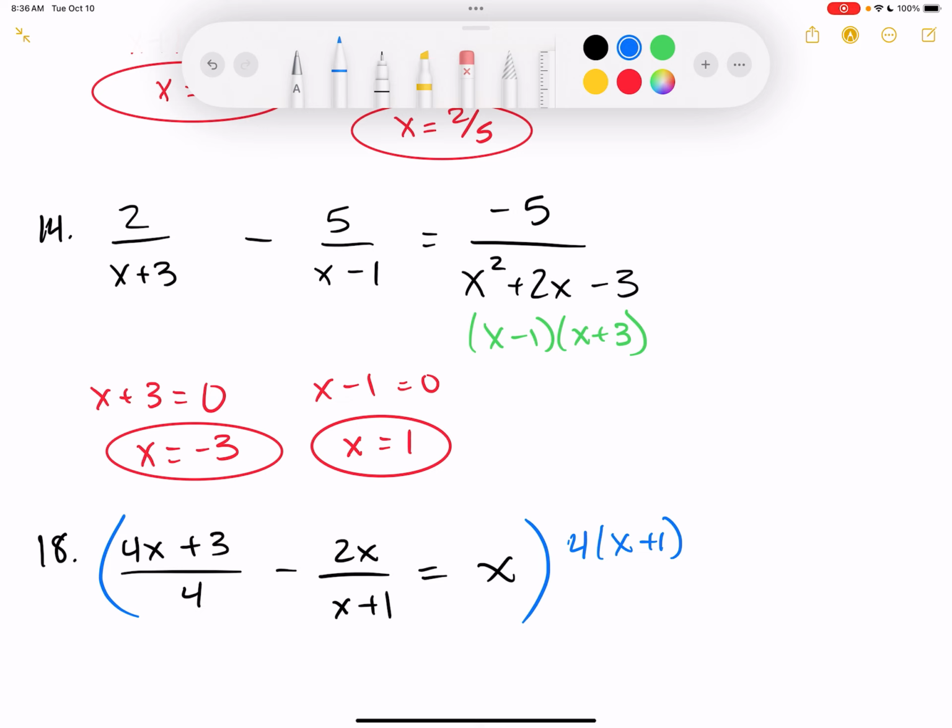So when I multiply this first piece, 4x plus 3 over 4 times 4 times x plus 1, the 4's would cancel each other out. So then I'm going to have 4x plus 3 times x plus 1.